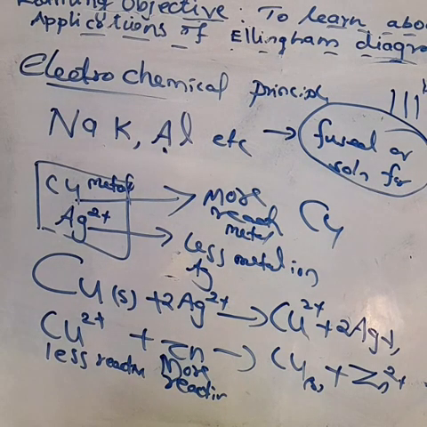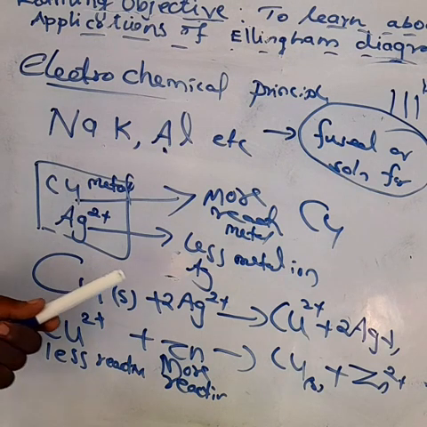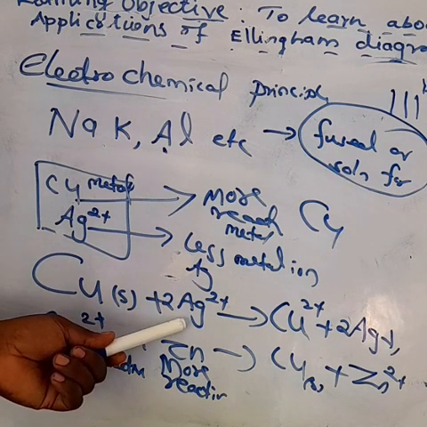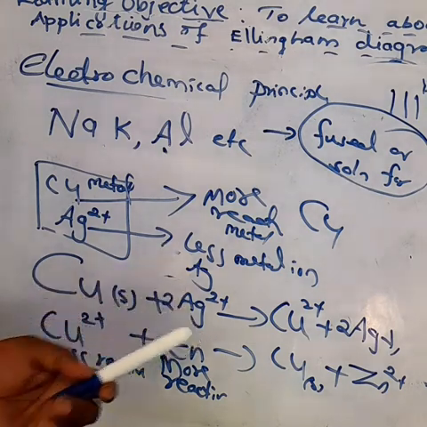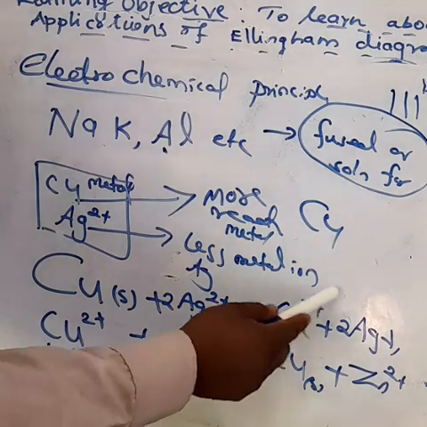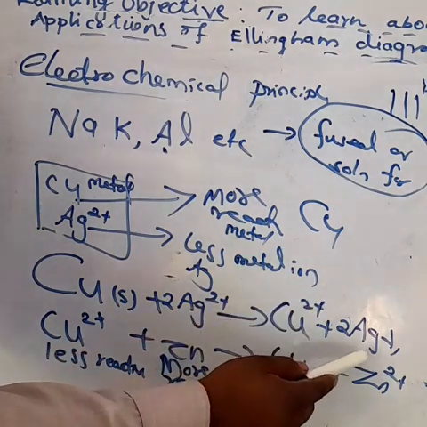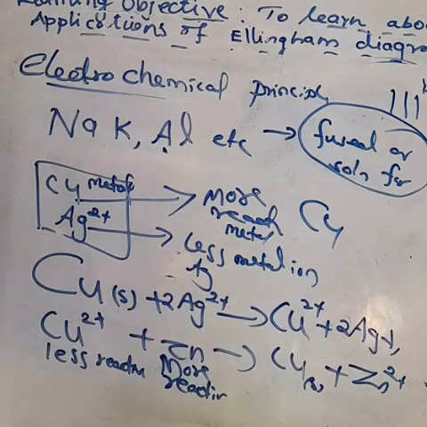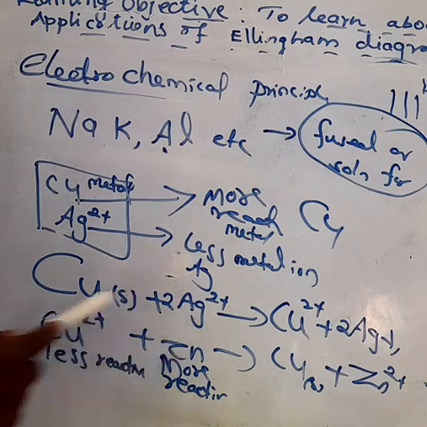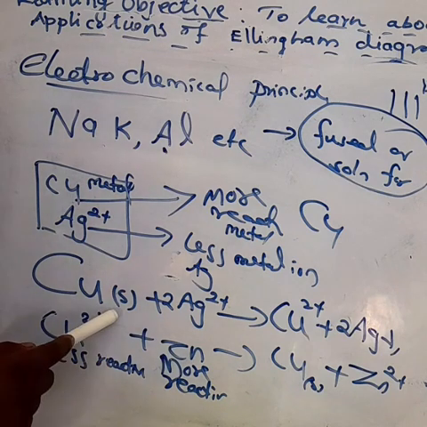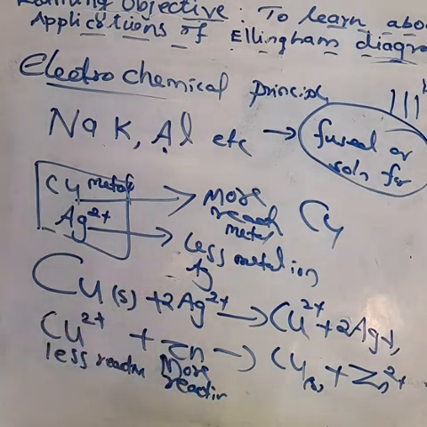Can you understand? In the first equation, copper is the more reactive metal and silver ion is the less reactive. In the second reaction, comparing copper and zinc, copper is less reactive and zinc is more reactive.